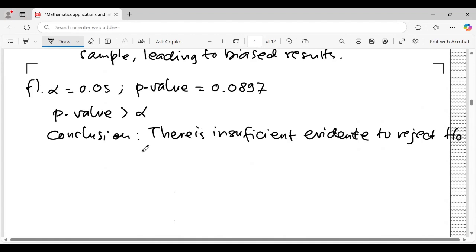And as well, you can write the conclusion as we fail to reject the null hypothesis.